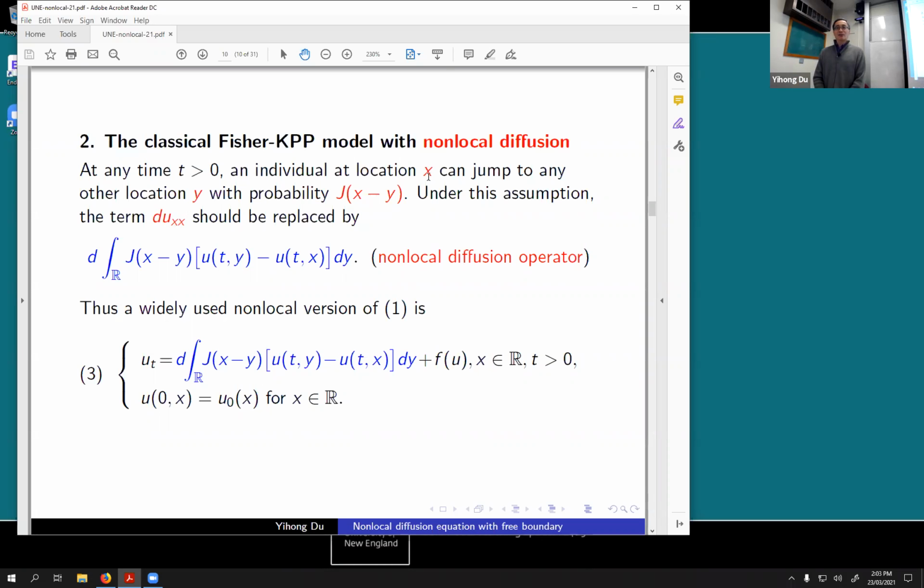You cannot stay without moving. You have to move either to the right or to the left, to the next interval. The difference is that with non-local diffusion, you can move to any other interval when you discretize space. Then you introduce the probability kernel, or convolution kernel.